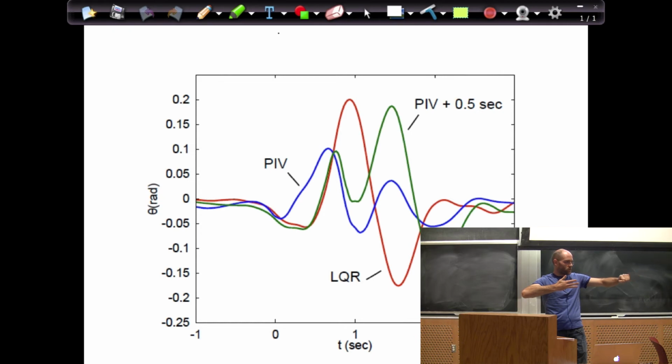At some point, there was a critical threshold where knowing the vortex was coming was irrelevant. My best performance, knowing that the vortex was coming just before it hit me, was the same as if I didn't know it at all. It took about 0.5 seconds; I had to know enough ahead of time that the vortex was coming in order to have a chance to respond actively to it.